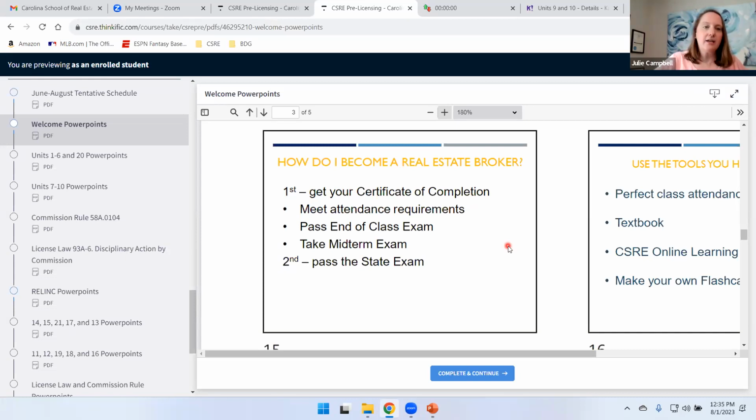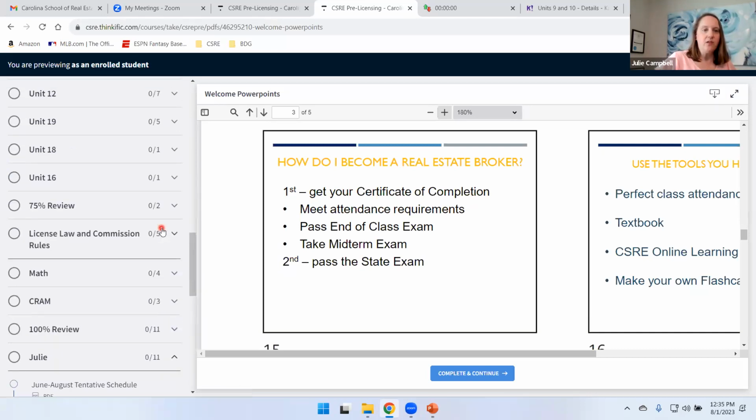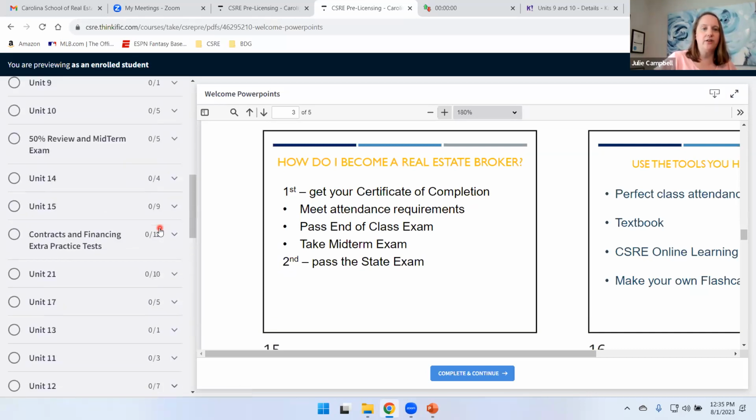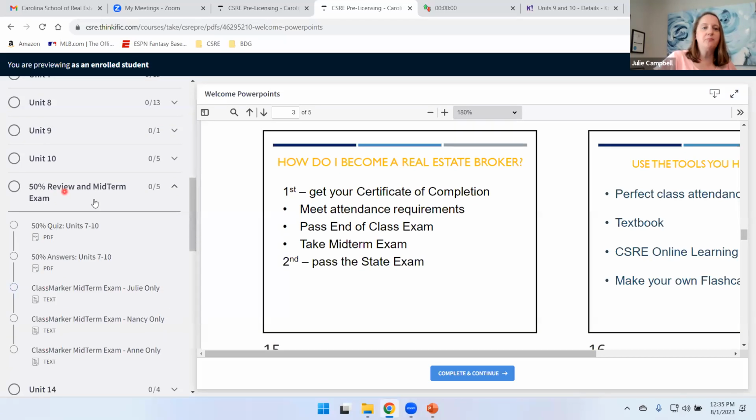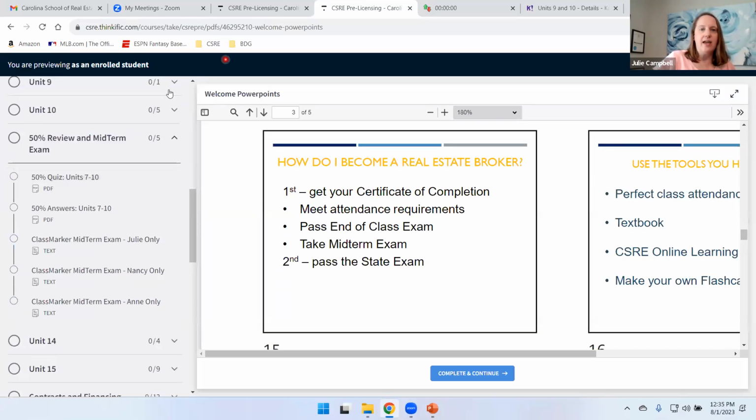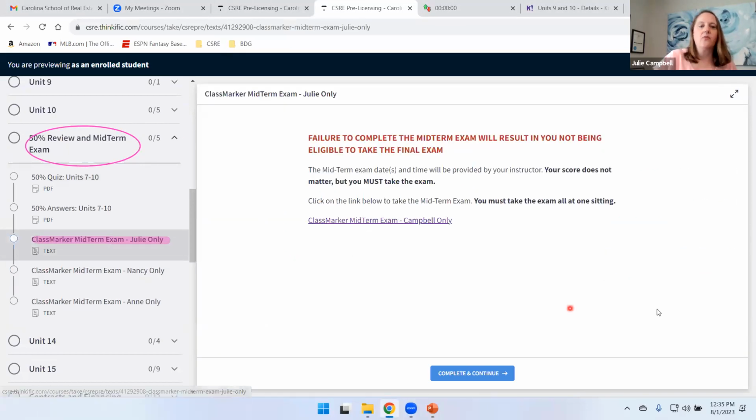So the way we're going to handle the midterm, if we look up here, still in the online learning system, under the 50% review and midterm exam section, we have a midterm exam just for us. So you want the 50% review and midterm exam, and the one you're looking for is the Julie only.